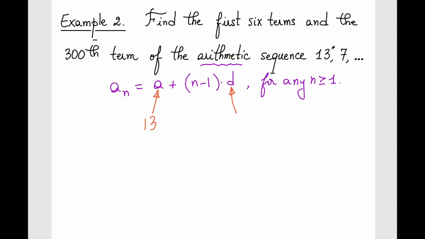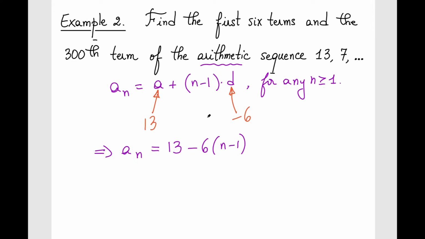So we are subtracting 6 to move to the next term. So d in this context is negative 6. Make sense? Okay. So what can you say then? a_n in this context is 13 plus negative 6 times n minus 1.